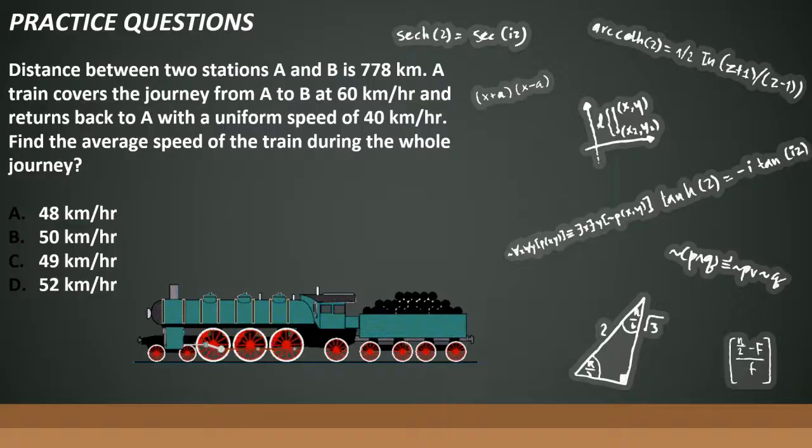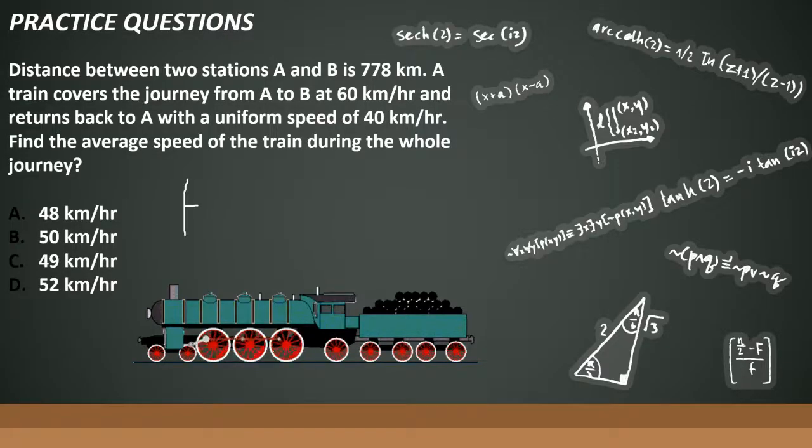So here we are taking a couple of questions. For example, here comes an example. The distance between two stations A and B is 778 kilometers. A train covers the journey from A to B at 60 kilometers per hour. Let me just draw.